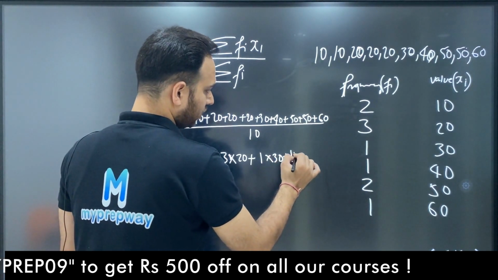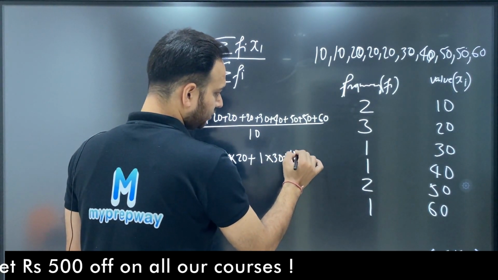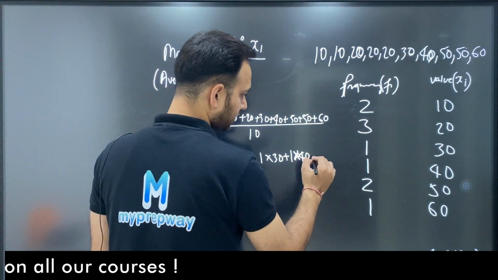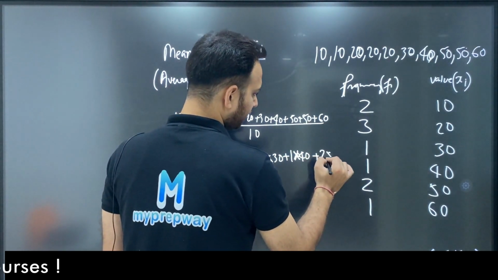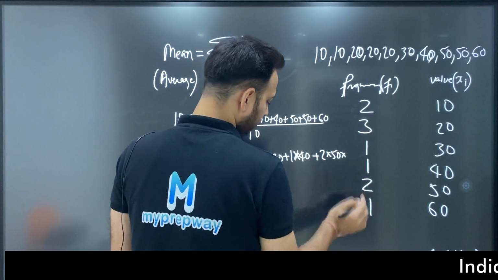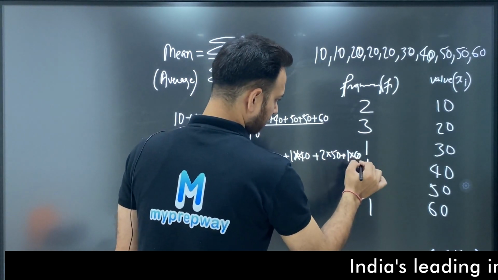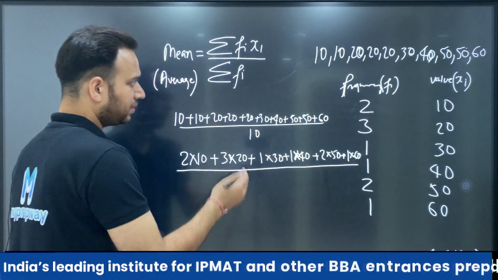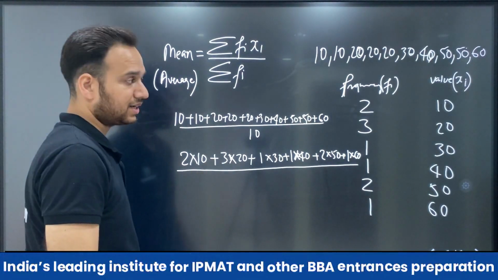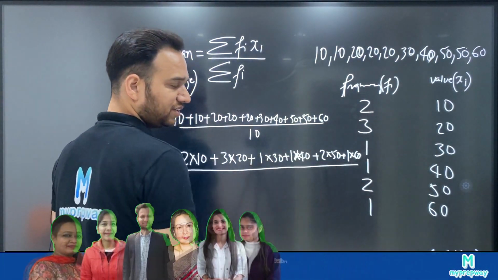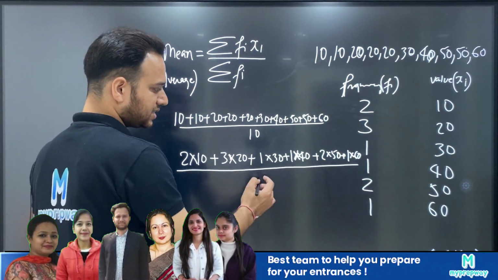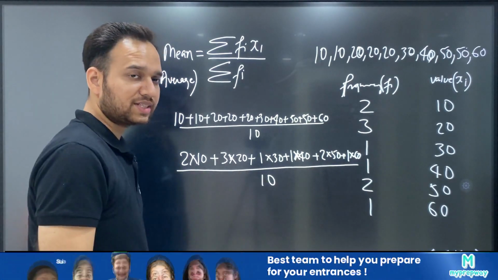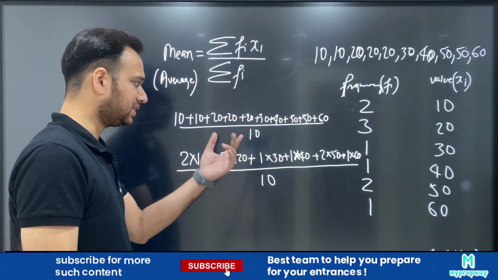Then you do 1 into 40. That's what you do in these stats. I hope you remember this. Then you do 2 into 50. And then you do 1 into 60. And then you divide it by sigma fi, that is the sum of all the frequencies. So that is 10.